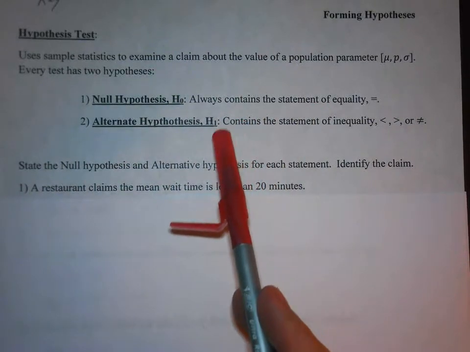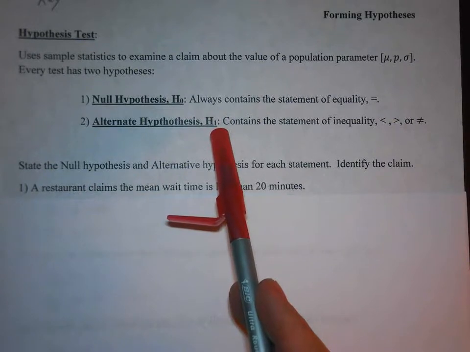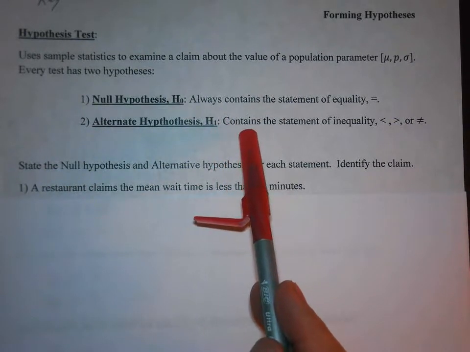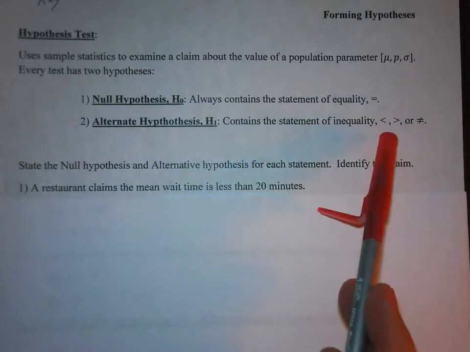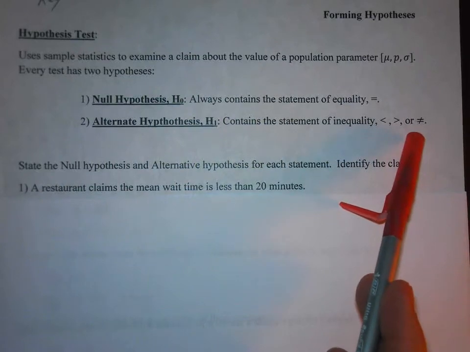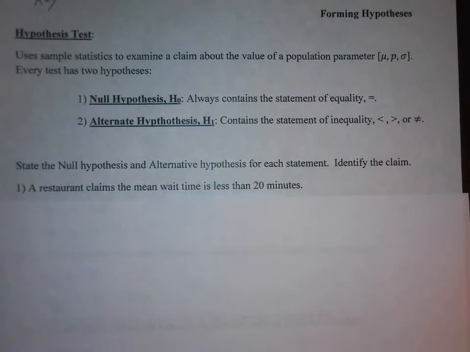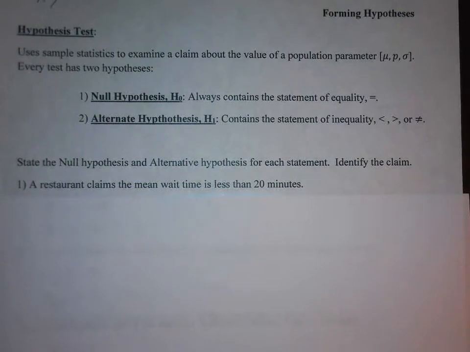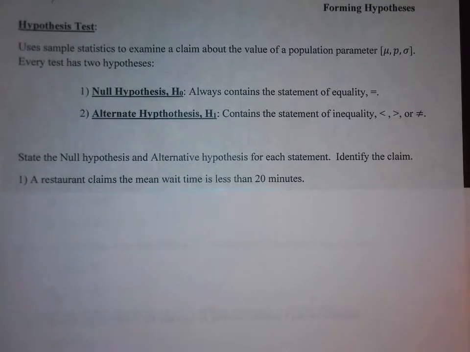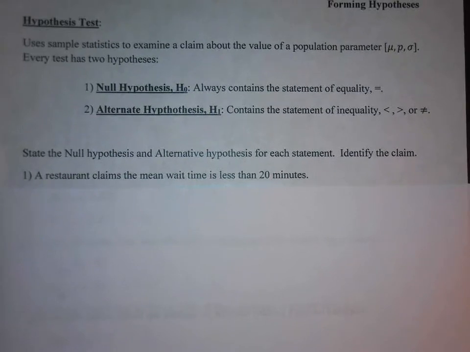The alternative hypothesis, H sub 1, sometimes you'll see H sub A for alternative, is the hypothesis that will always contain a statement of inequality, meaning a less than, a greater than, or a not equal to sign. So we're going to state the null hypothesis and the alternative hypothesis for each statement, and we're going to identify what the claim would be.